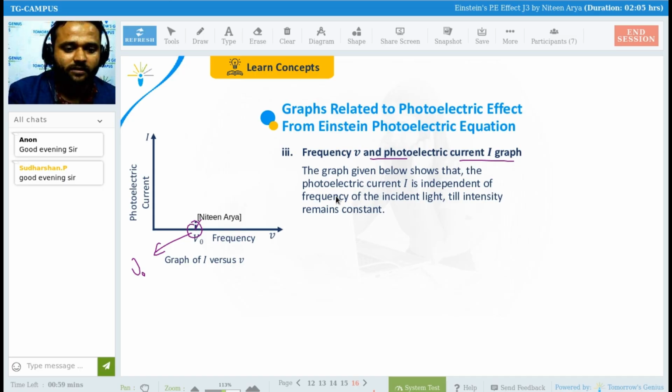So you get a current that looks like this, and after a certain point it becomes constant. So this is your saturation current.